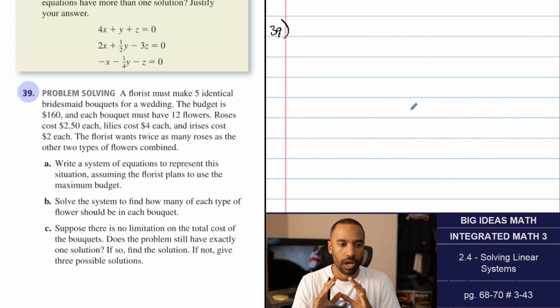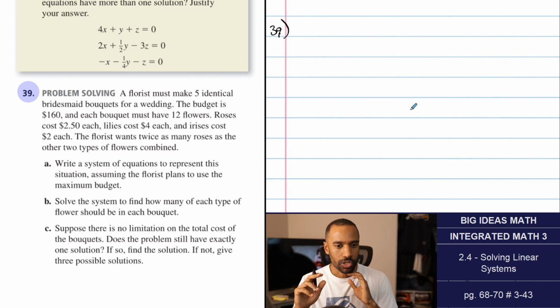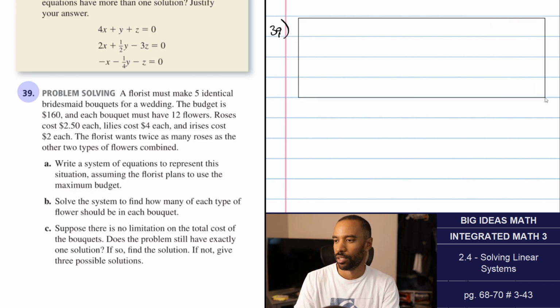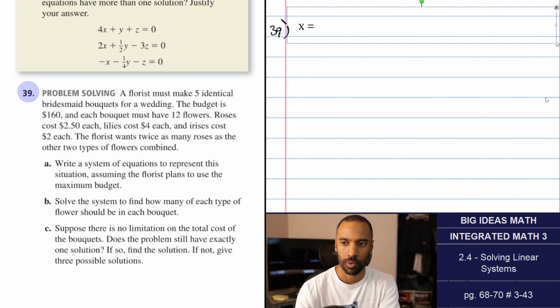Okay. Write a system of equations to represent this situation, assuming the florist plans to use the maximum budget, meaning kind of fill it all out. So first of all, they didn't ask a question yet, but it's number of roses, number of lilies, and number of irises. So let's go based off of that. Let x equal number of roses.